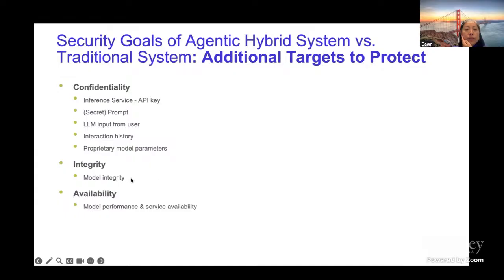And for integrity, besides the integrity of data in a traditional system, here we also need to ensure integrity related to the model, for example, model integrity. And for availability, similarly, we need to, in addition, ensure model performance and service availability.